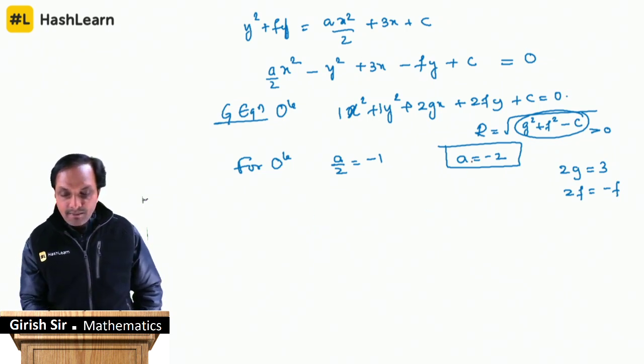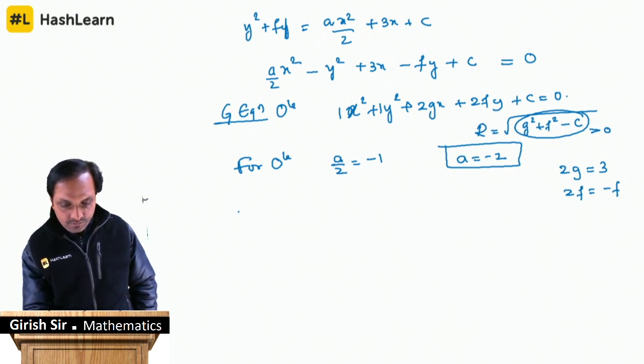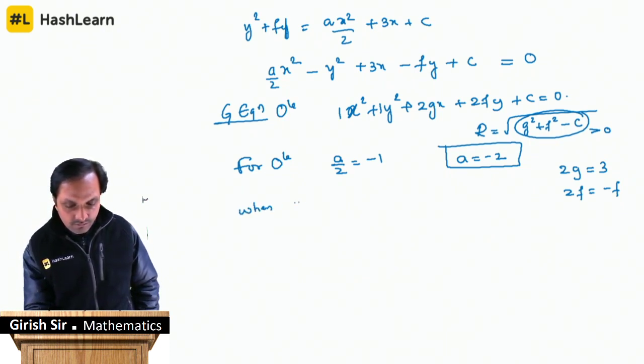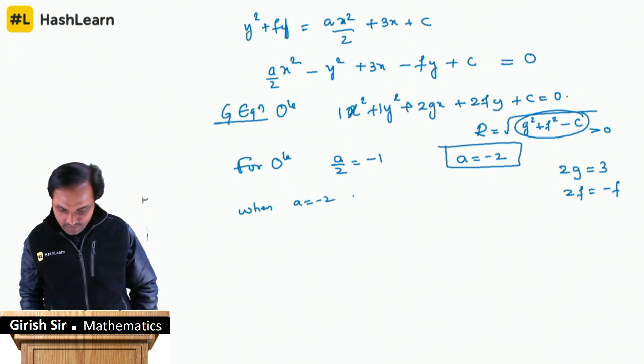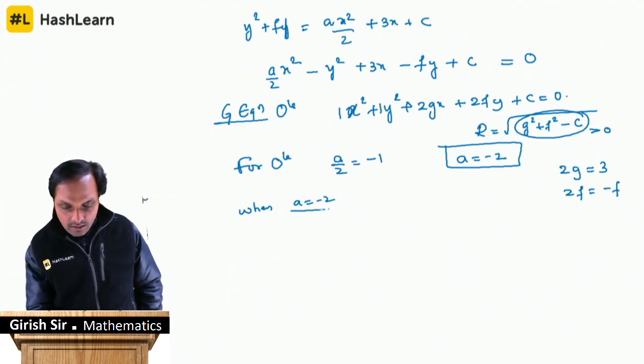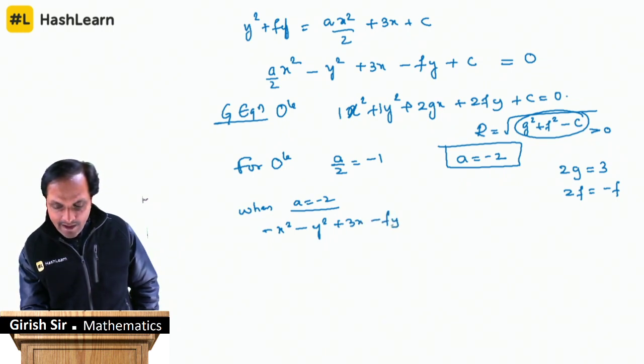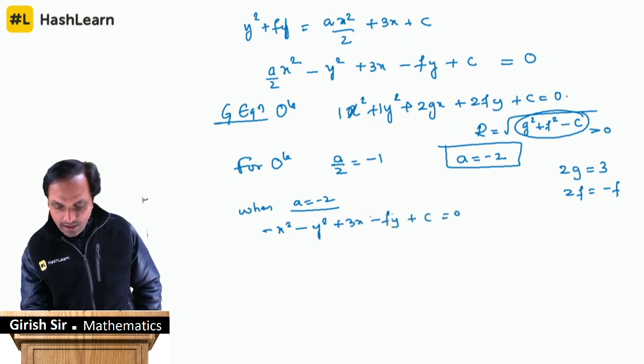You need to take a as -2. When you take a as -2, that will become minus x square minus y square plus 3x minus fy plus c is equal to 0. So this becomes x square plus y square minus 3x plus fy minus c is equal to 0.